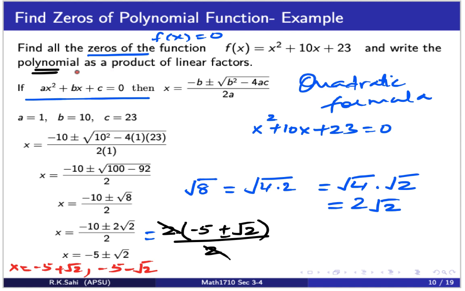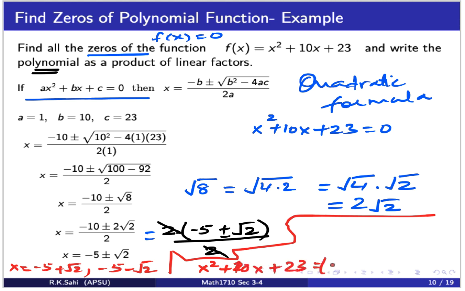Now to write this polynomial as a product, our polynomial is x squared plus 10x plus 23.